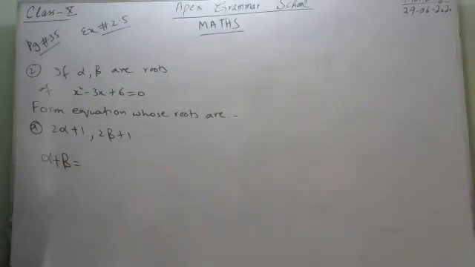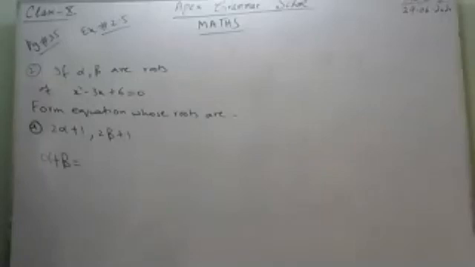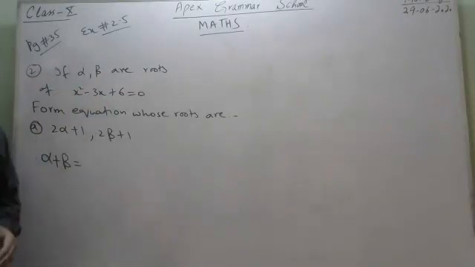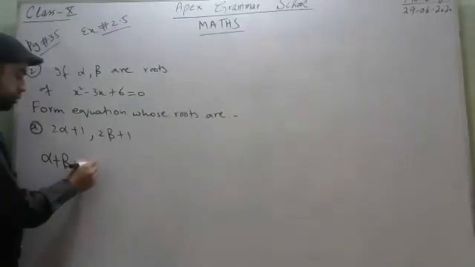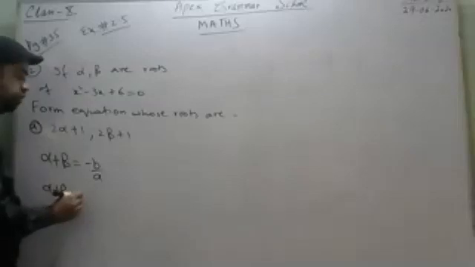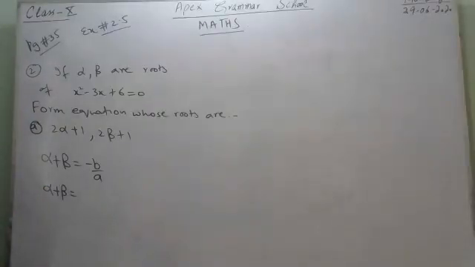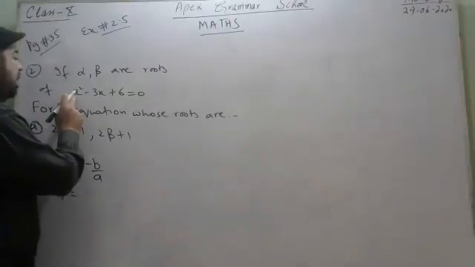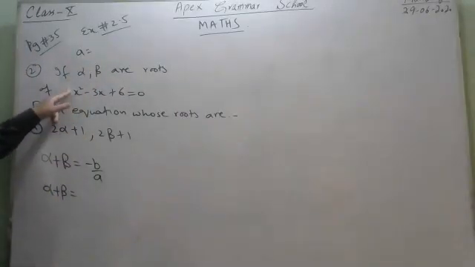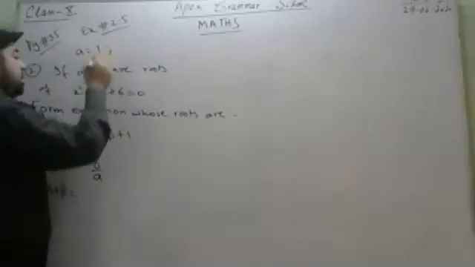What is alpha plus beta? You have very good knowledge about that. Alpha plus beta means the sum of roots of this equation, that is minus b over a. First of all, we need to mention the a, b, and c values. What is the value of a? The x square coefficient, that is 1. What is the value of b?